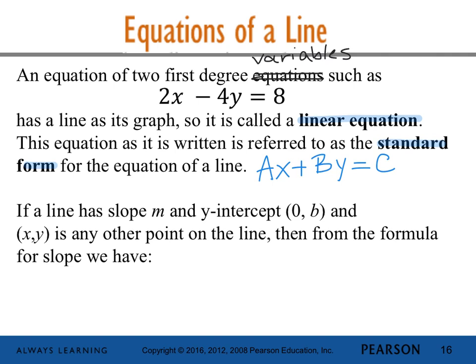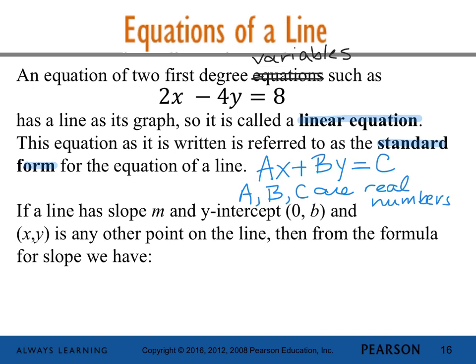And A, B, and C are all real numbers. And those real numbers are called the coefficients, and C is actually referred to as the constant.